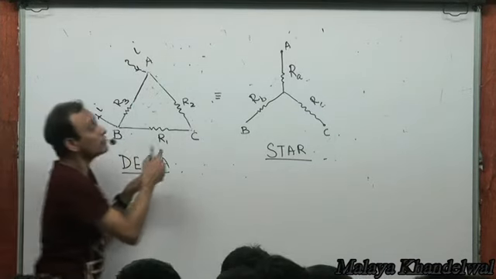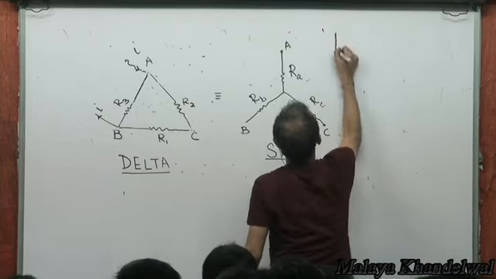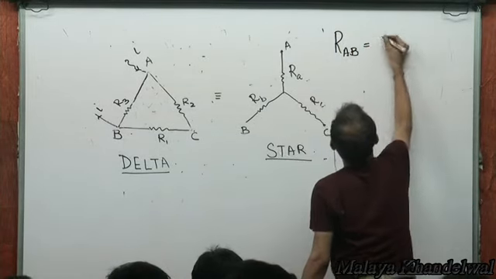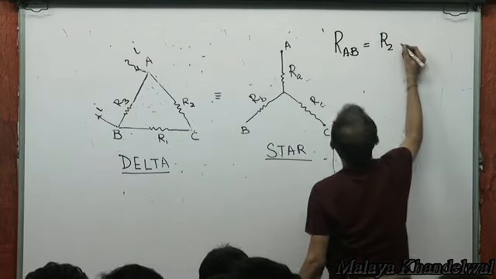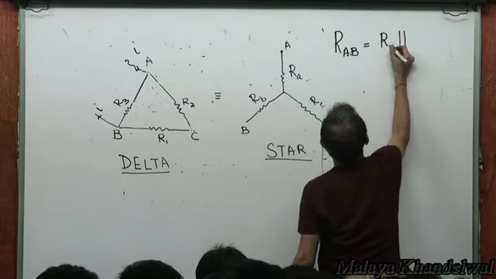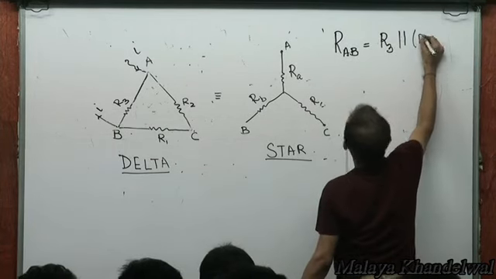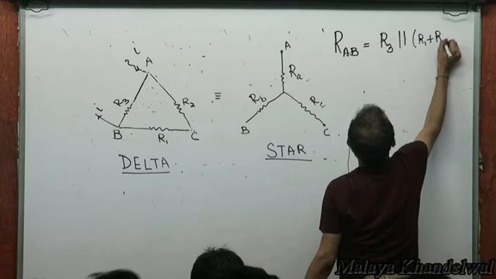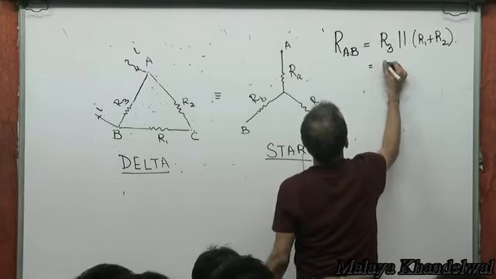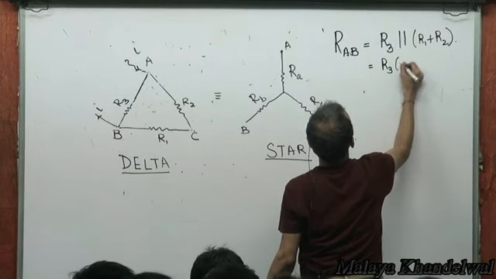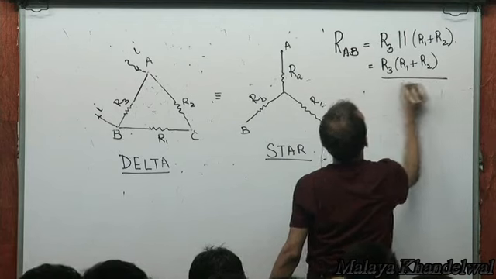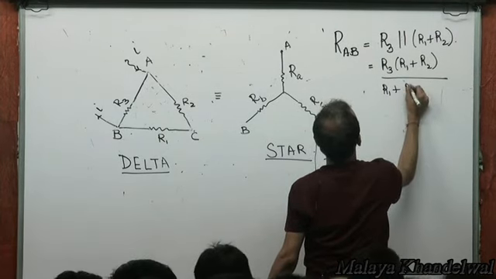Right? So can I say resistance across AB is like R3 in parallel with R1 plus R2, right? Which is like R3 into R1 plus R2 divided by R1 plus R2 plus R3.